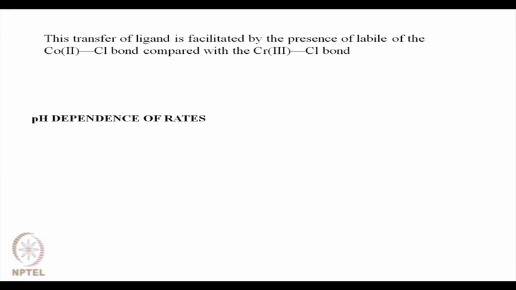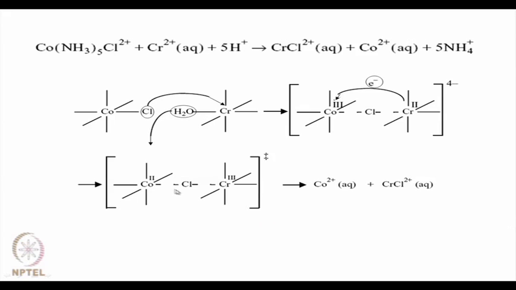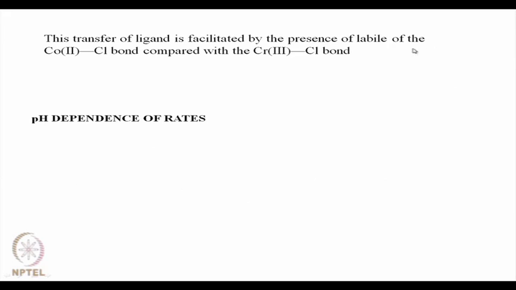This transfer of ligand does not always happen. The moment this chloride becomes a part of chromium, the transfer is possible because the cobalt 2 chloride bond is more labile compared with the chromium chloride bond.